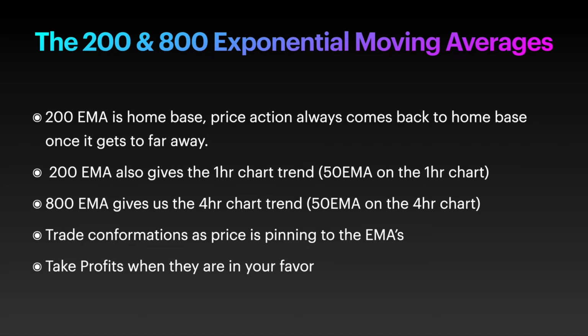But understand that the 200 and the 800 EMA, because they act as support and resistance, allow us to use those two particular EMAs as very good and obvious areas for taking profits. Okay, so now let's switch over to the charts and let me show you all the examples that you need to see.